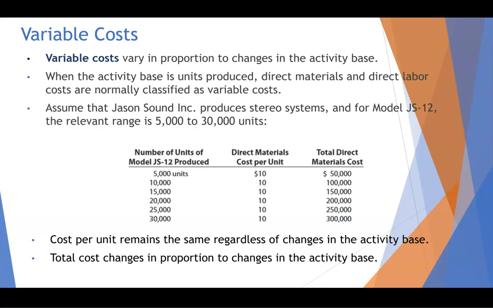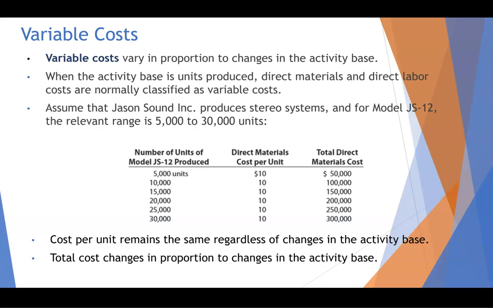If Jason Sound Inc. produces stereo systems for a certain model, and if we know that the relevant range of him producing these systems is 5,000 to 30,000 units, we see that the direct materials that go into those units are at a set amount per unit.